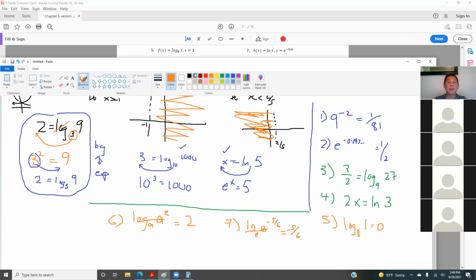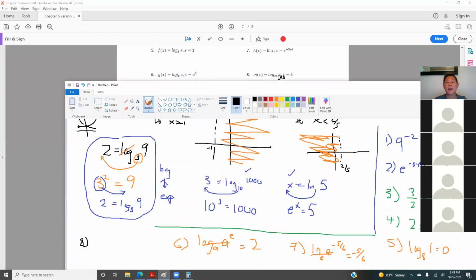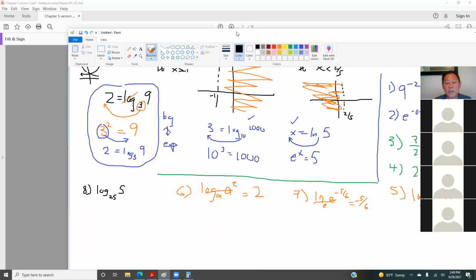Okay. And the last one, number 8, is a little bit tough. It gives us log base 25 of x, where x is 5. So we will get log base 25 of 5. If you remember, we will try our best to make your argument and your base the same. Because if they are the same, you can cancel and take whatever the exponent is as your answer.